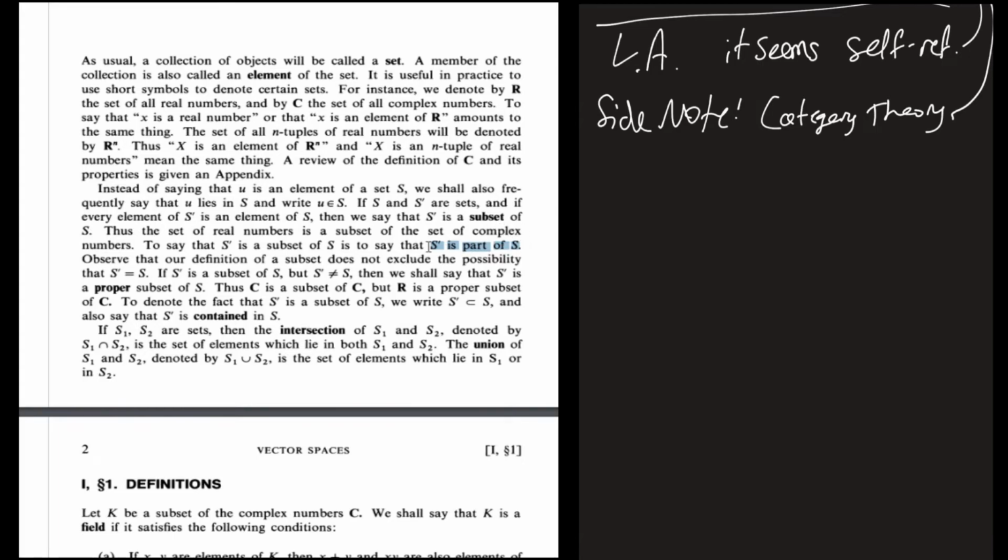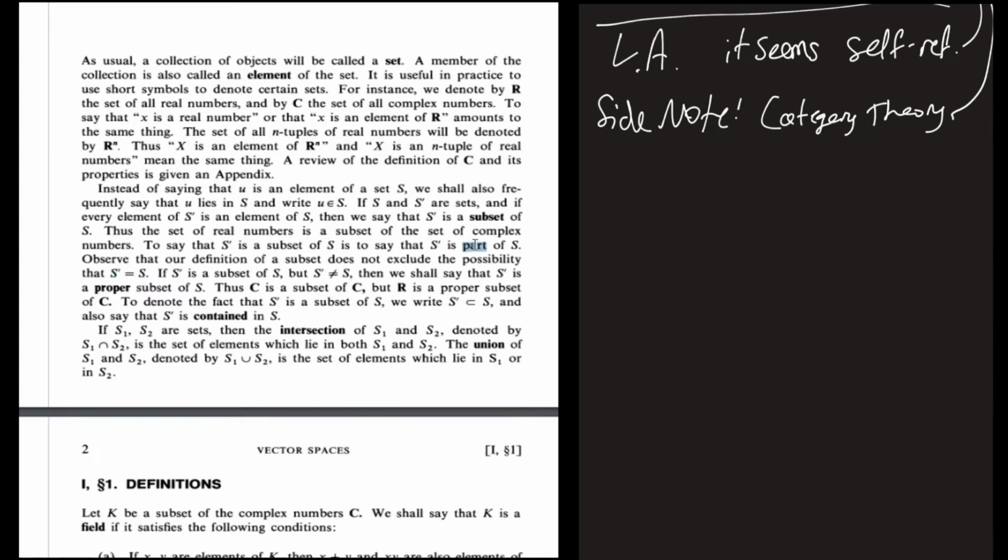I like how he kind of is being a little informal here. I feel like you don't really see this a lot in books. So that's pretty cool. Observe that our definition of a subset does not exclude the possibility that S prime equals S. So I think that's why mathematicians don't really write is a part of S, because how does that relate here?